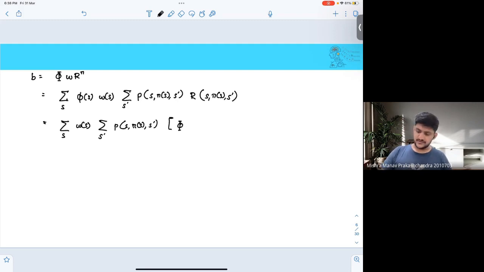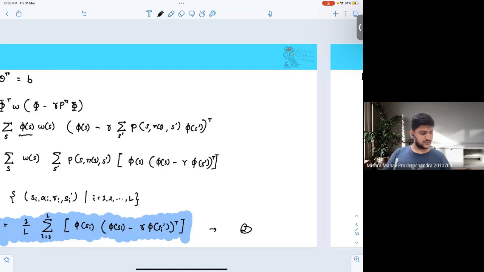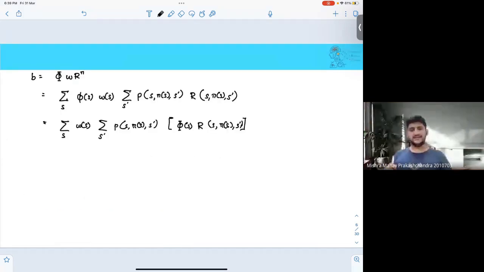I just put phi s inside, and I get the remaining r phi s s prime term. Okay, cool. Again, I have the replay memory defined, right?